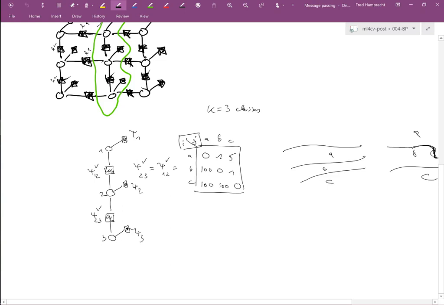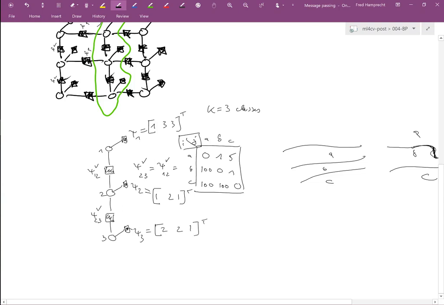And I'm just claiming that the classifier at this pixel said that the first class has a cost of 1, and the other two classes have a cost of 3 each. And here, let's say the cost was 1 to 1. And let's say here the cost was 2 to 1.